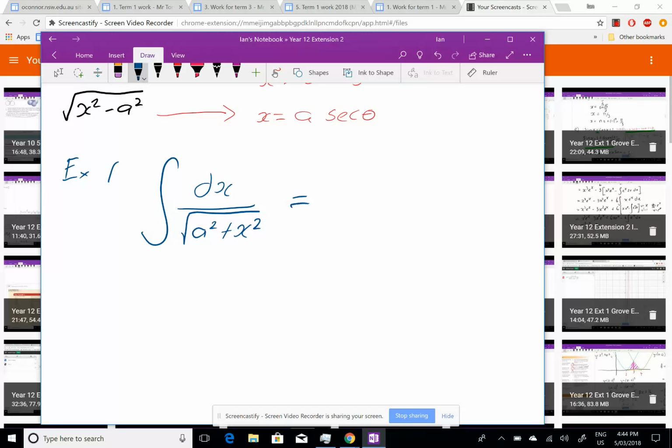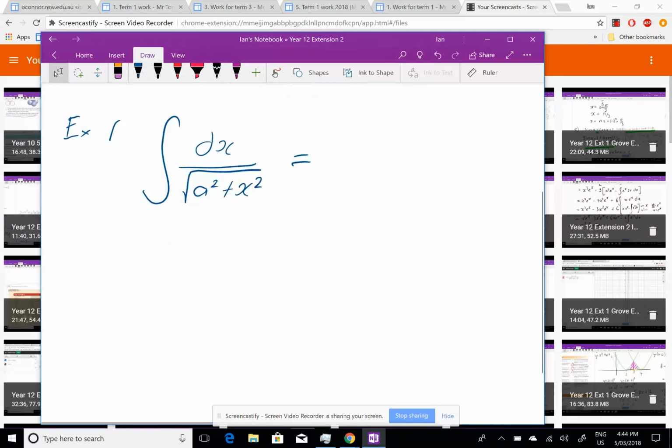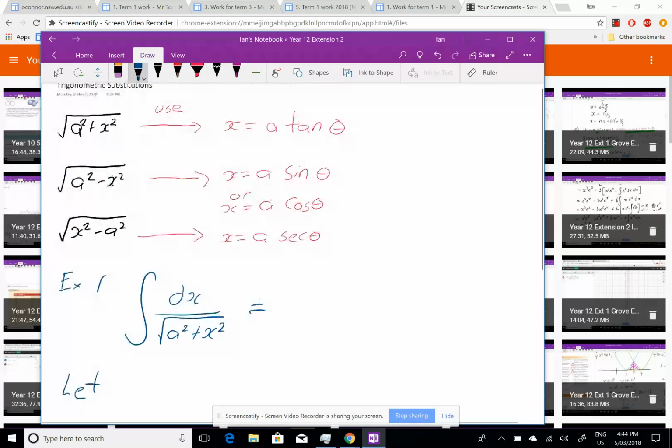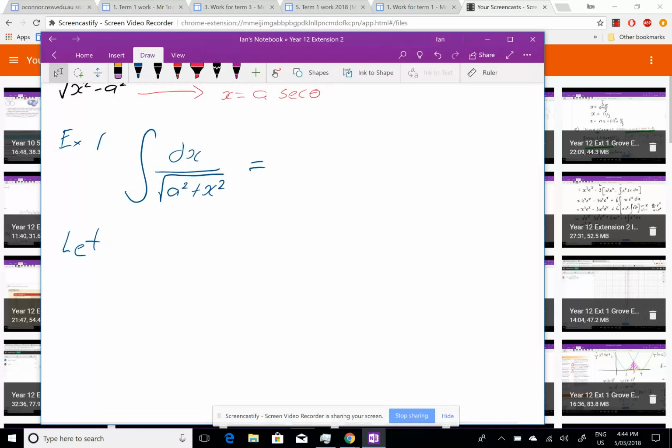Now, what we're going to do, we're going to let, well, what do we got? Root a squared plus, so we're going to use tan. We're going to let x equal a tan theta.